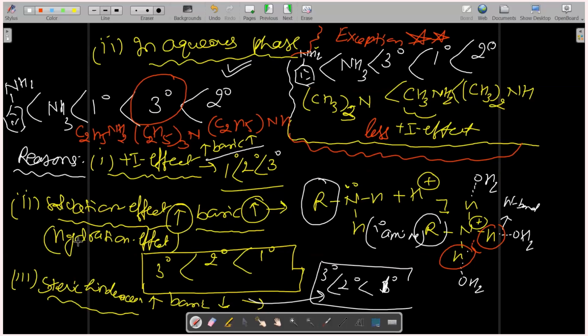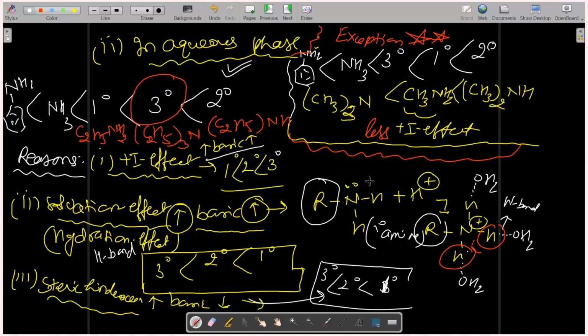But the other effect is the solvation effect, or we can say hydration effect, or hydrogen bonding also, right? According to solvation effect, as hydrogen bonding or hydration effect or solvation effect increases, basic character increases. So you can see this is a primary amine.